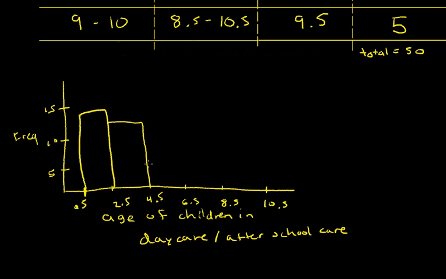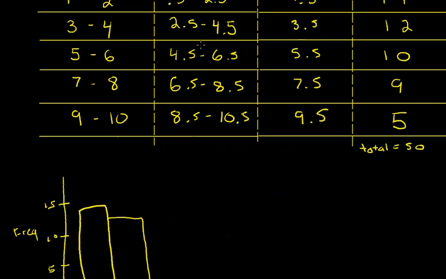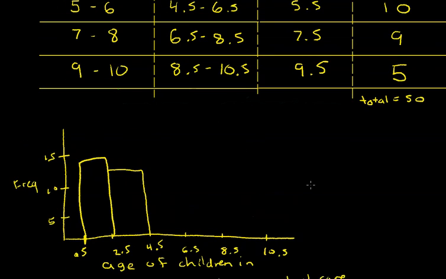Okay. Next, between 4.5 and 6.5, the frequency there was 10. So that'll look like this. And then for the next bar, the frequency is 9. And for the last bar, the frequency is 5. A good habit when you're drawing histograms is to go ahead and label the frequency on top of the bar.